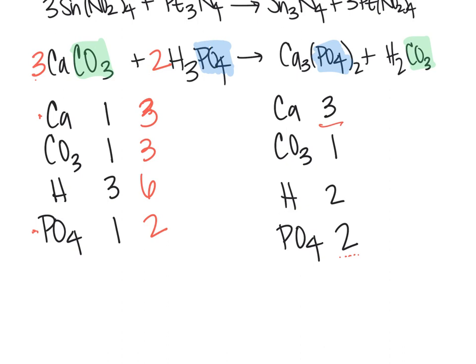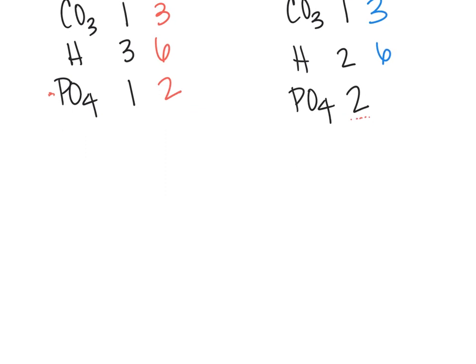But maybe a single value can increase what we see on the product side. If we're looking only at the H2CO3, we can add a 3 in front of that, which is going to balance. So now we have 3 carbonates and we have 6 hydrogens. So now we have a fully balanced chemical equation.